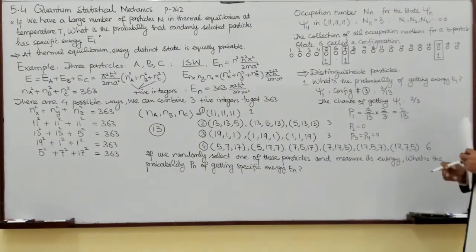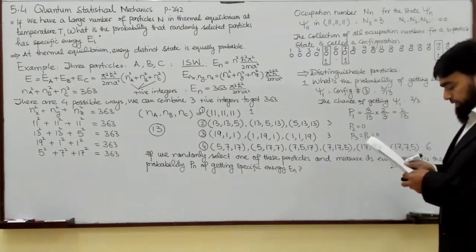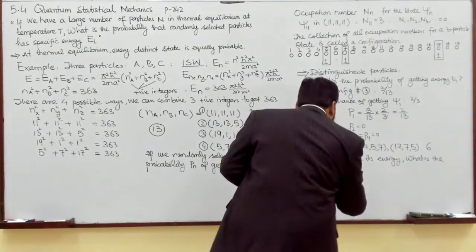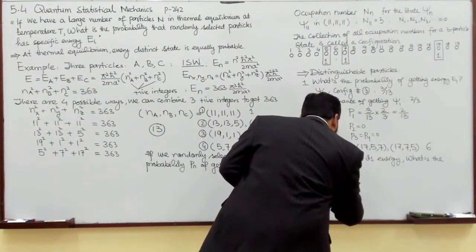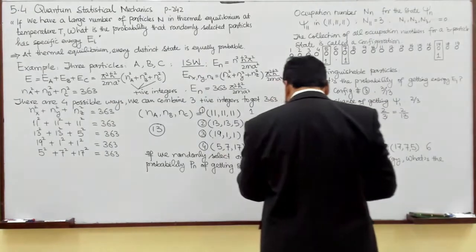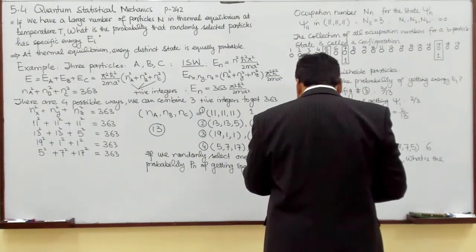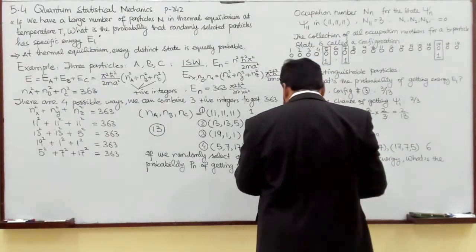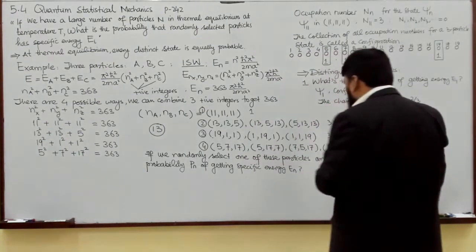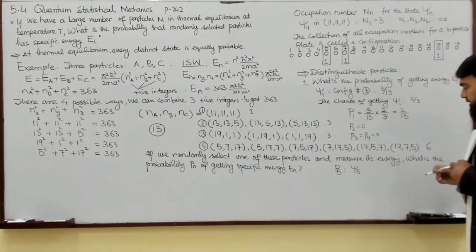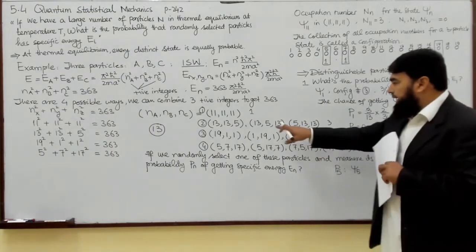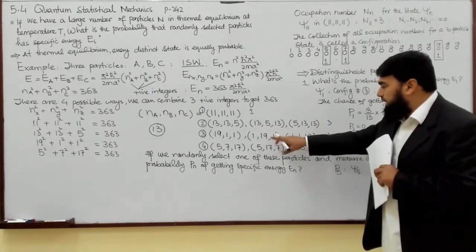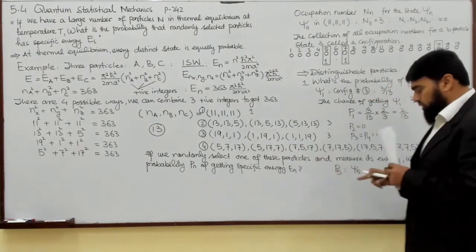So now I calculate P5. P5 will have state psi 5, and now in how many configurations does this 5 appear? It appears in configuration 2 and in configuration 4.